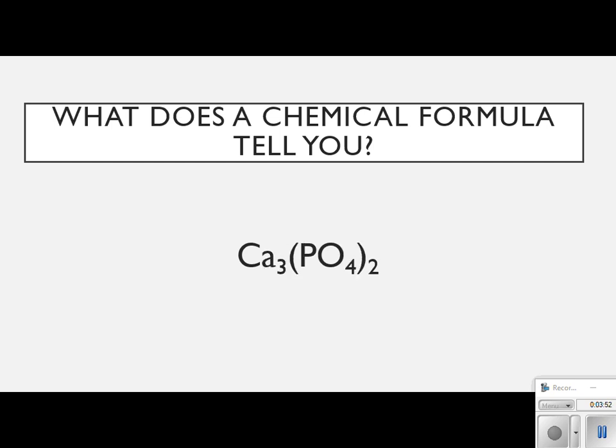Now, right here, this chemical formula. What type of bonding do I have here? What do you think, Eric? What type of bonding? You got a 1 and 2 shot. Let me give you a hint here. Is this a metal or a nonmetal?